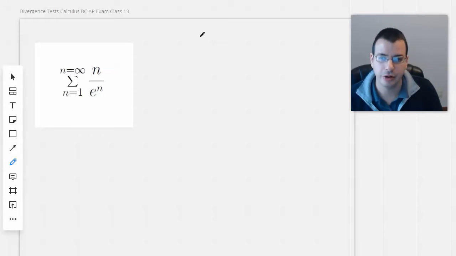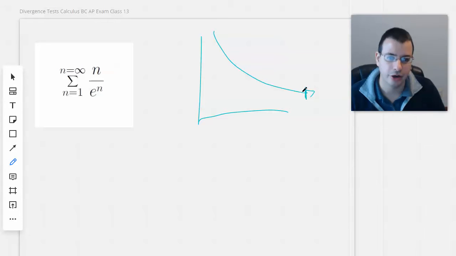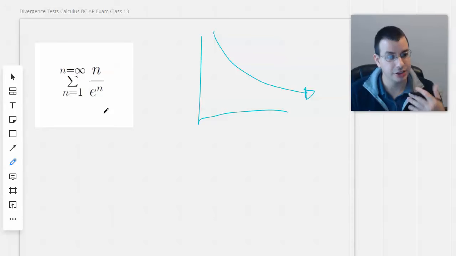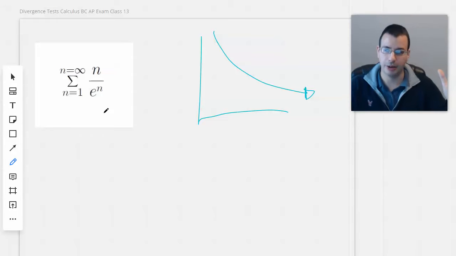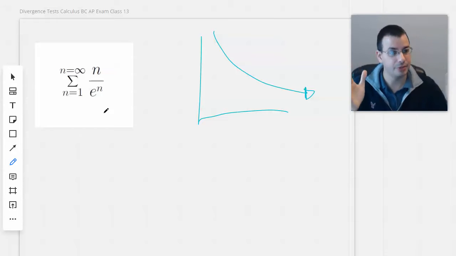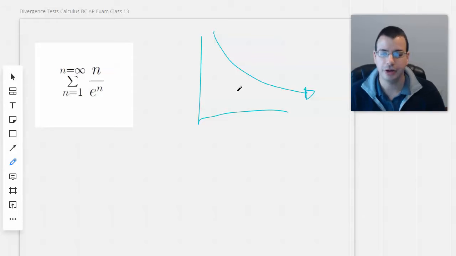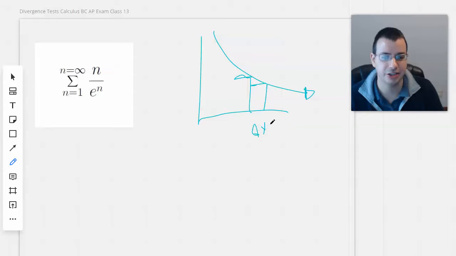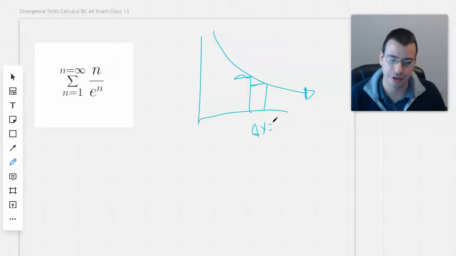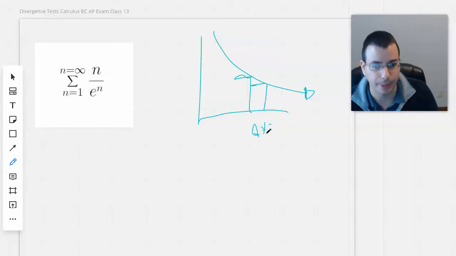So if you remember, the integral test was the idea where if you have a series, which is a set of numbers that are all added together, you can say that it's kind of like Riemann sums. This is not a formal definition, but delta x is kind of like 1.